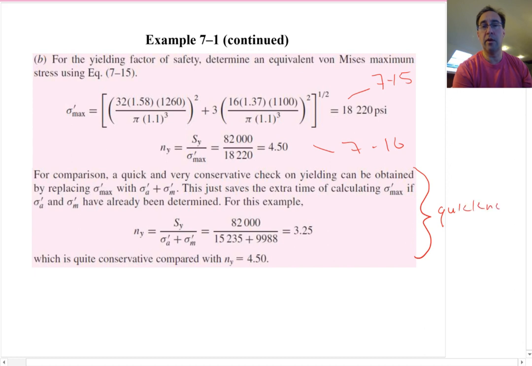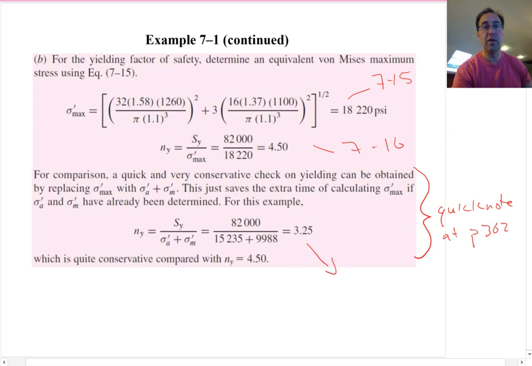This part right here corresponds to the quick note at page 362, right above example 7.1. This is the quick and dirty method that's described in the last sentence in the body text on page 362, and you can see that it is indeed conservative.